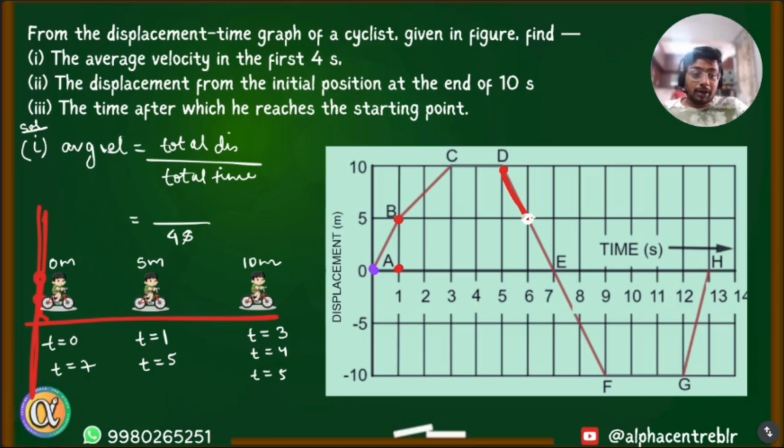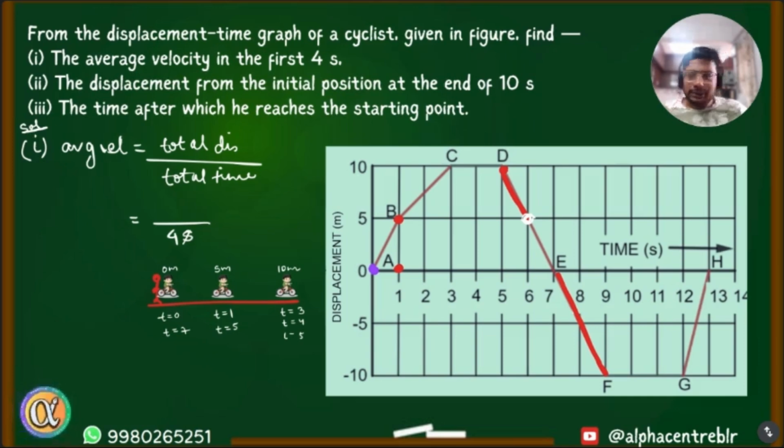After this, it becomes more interesting. If you look at the further part of the journey, here the displacement is minus 10. What does minus 10 mean in this case? At time t equals 9 seconds, displacement is minus 10. That means it has gone in the opposite direction.